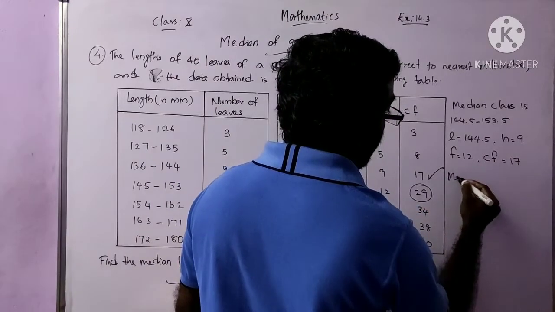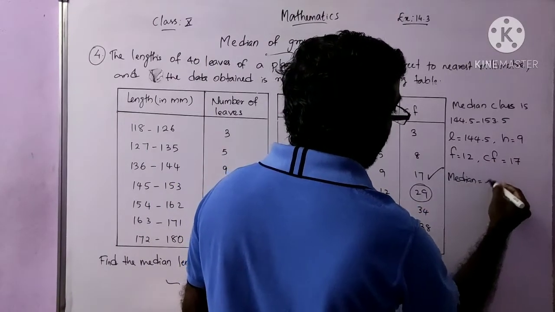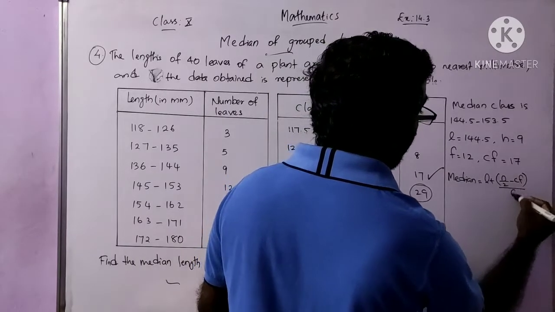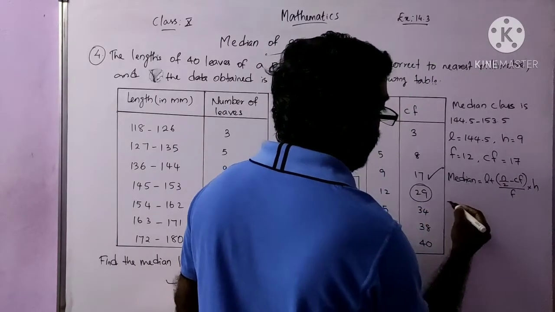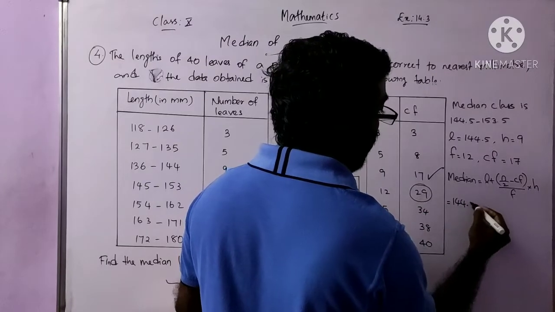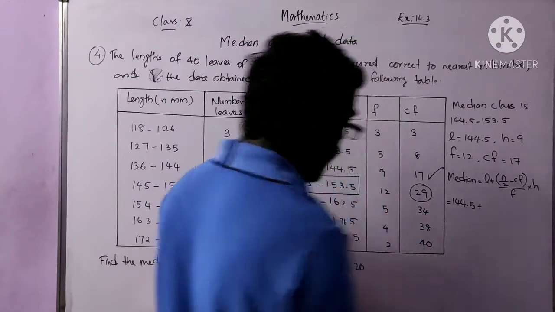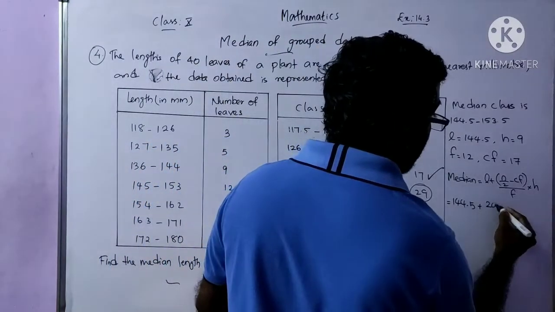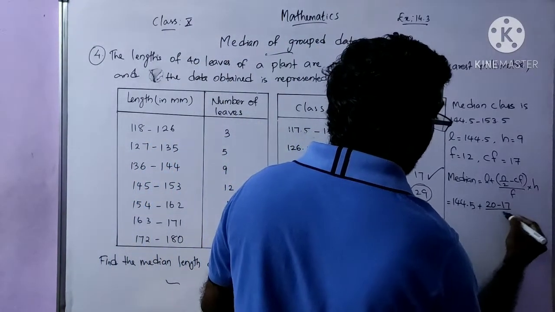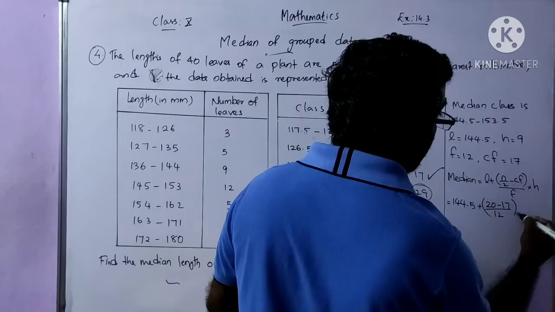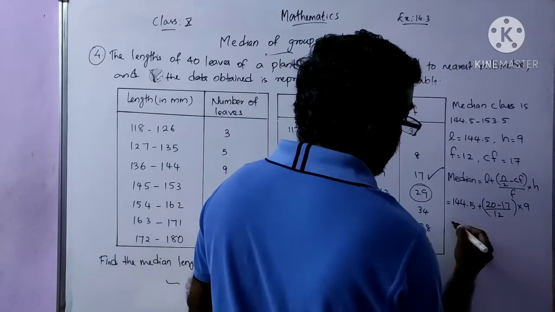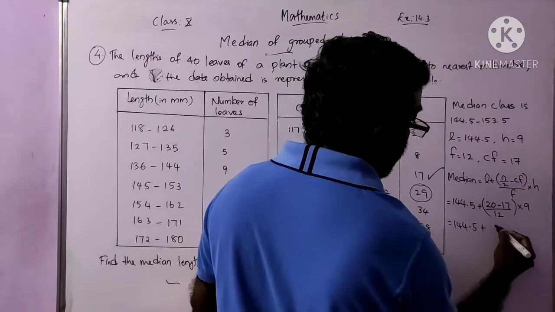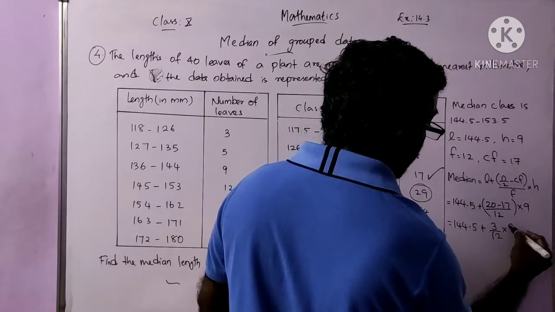Okay. Therefore median is equal to L plus n by 2 minus CF divided by f into h. Here 144.5, then plus n by 2. Here n by 2 is 20. So 20 minus CF, 17, divided by f, 12, into h. h is 9. That is 144.5, then plus 3 by 12 into 9.